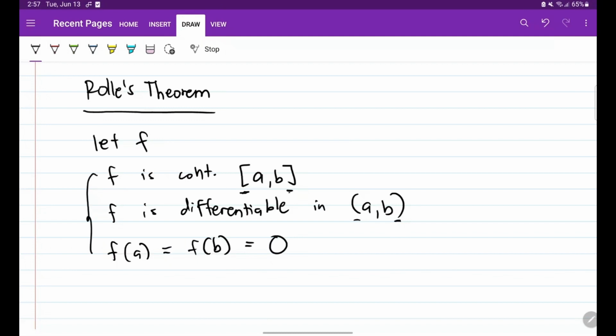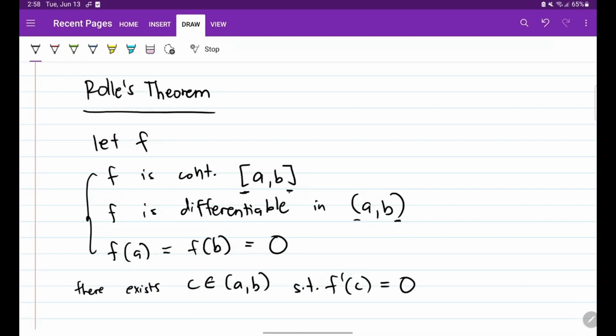Pag na-satisfy ng function yung tatlong condition na to, sinasabi niya na there exists a value c between a and b such that the derivative of f at c is equal to 0. Okay?